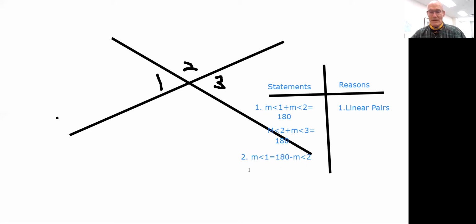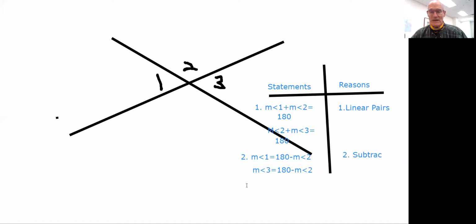And right underneath it I can say the measure of angle 3 equals 180 minus the measure of angle 2. That's just subtraction, and I don't need to write that all the way out.